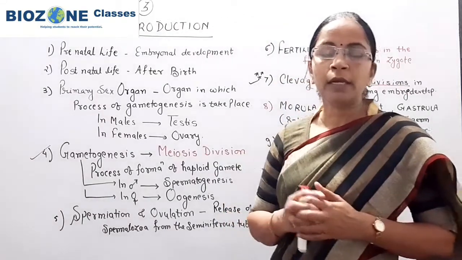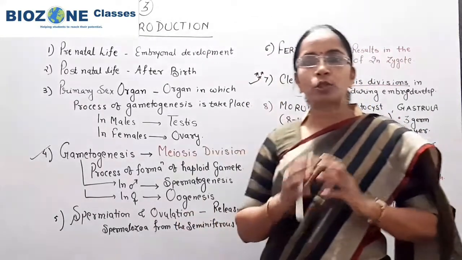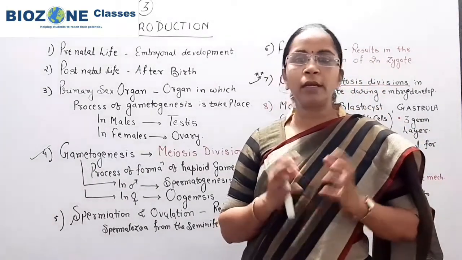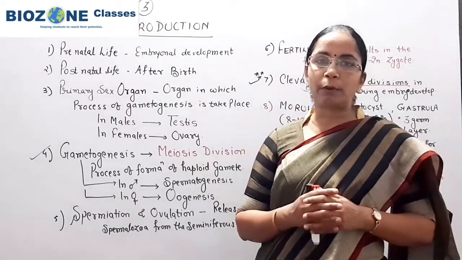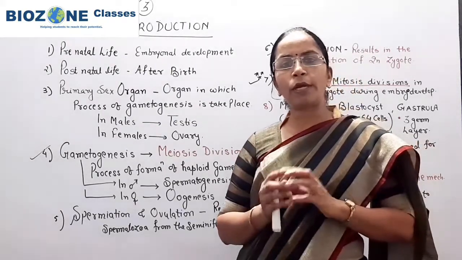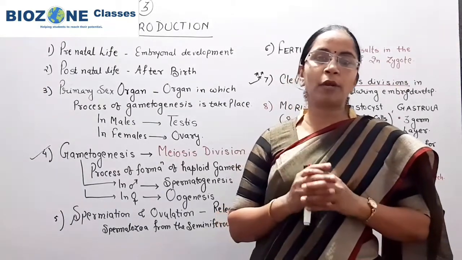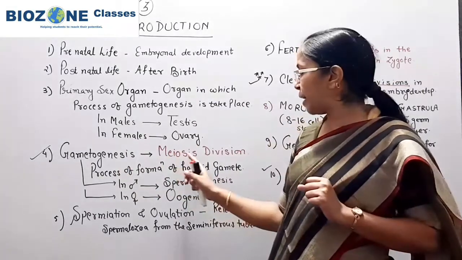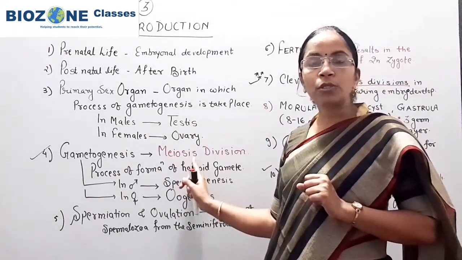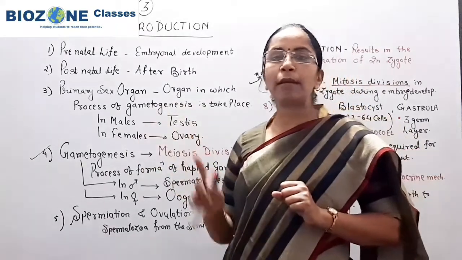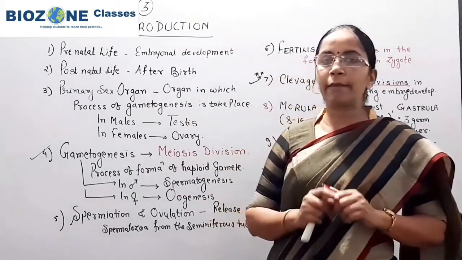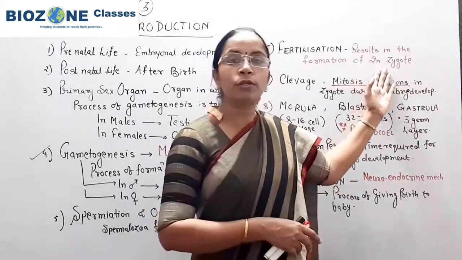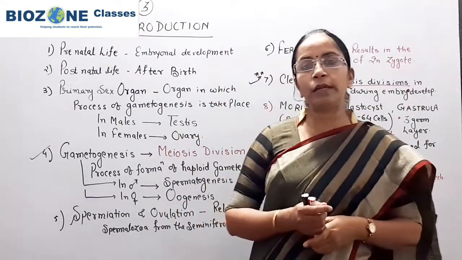We have studied that gametes are always haploid, the zygote is always diploid, and parents may be haploid or diploid. When the parent body is diploid, remember, gametogenesis always takes place by meiosis division. Because of meiosis, the diploid cell is converted into haploid gametes, and when these haploid gametes fuse, they continue the diploid number of chromosomes in the next progeny.